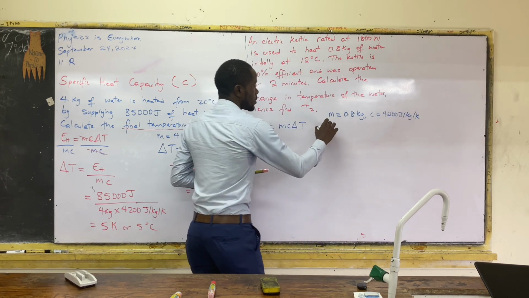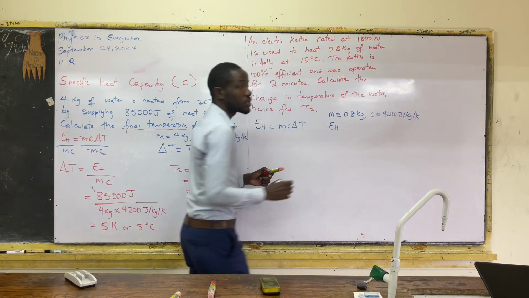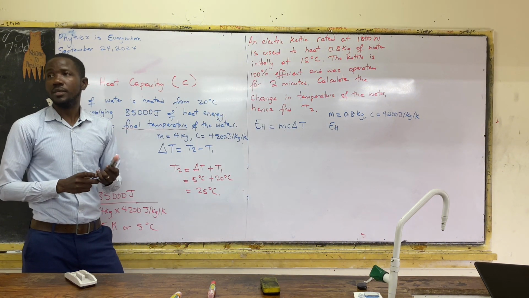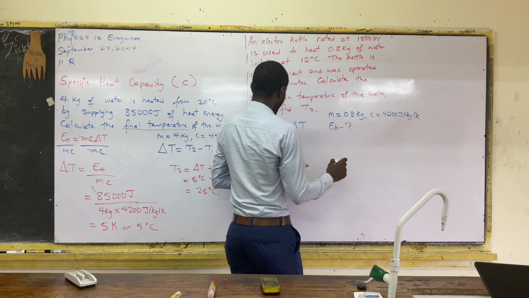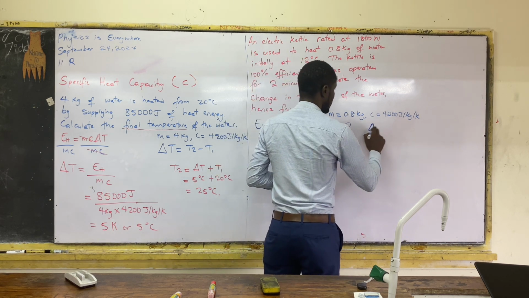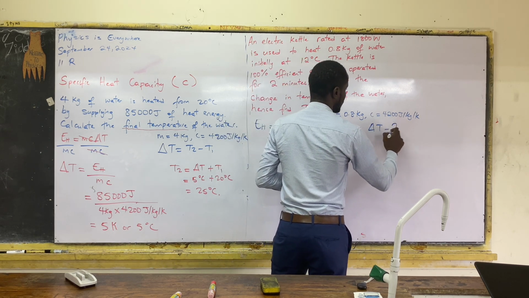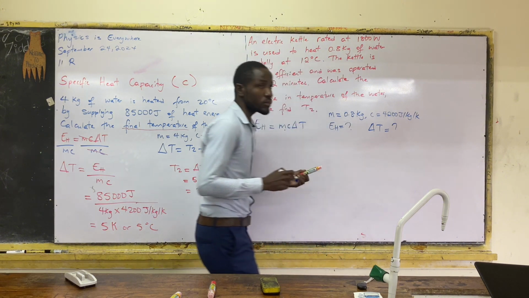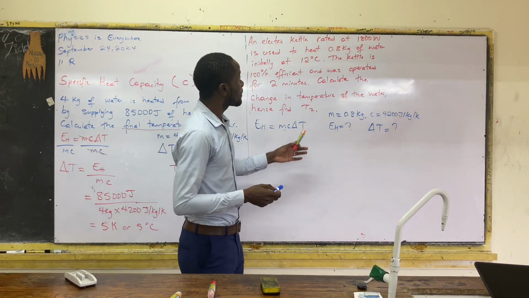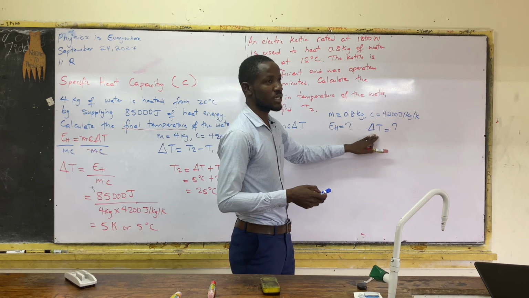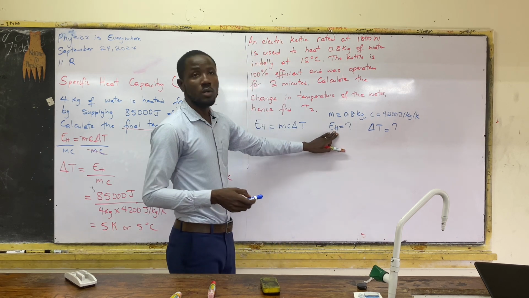Right? Do we know EH? Do we know the heat energy supplied? No, so this is temporarily unknown. Do we know delta T? No, we don't, so this is also unknown. We know T1, but we don't know delta T, yes.